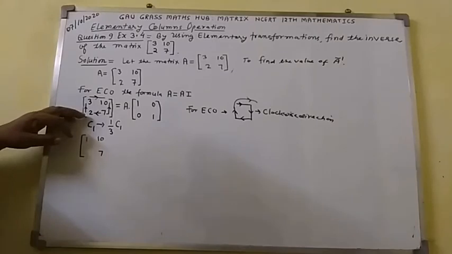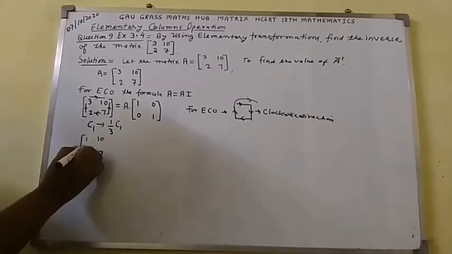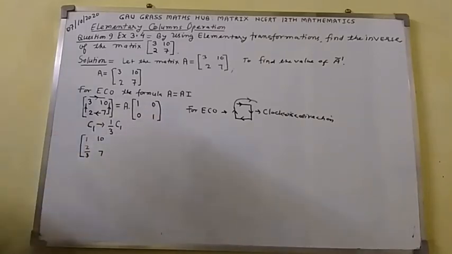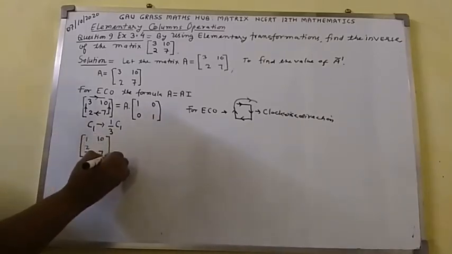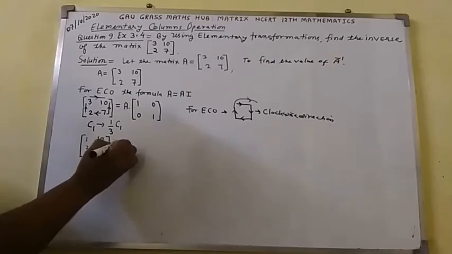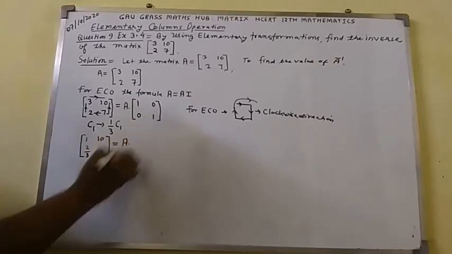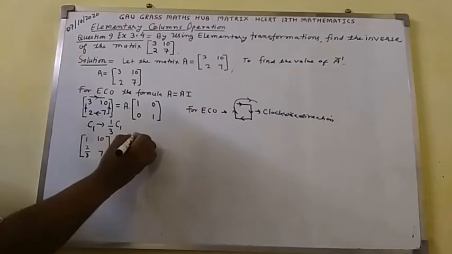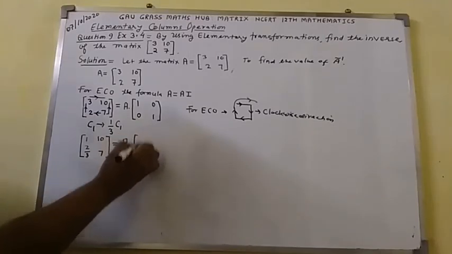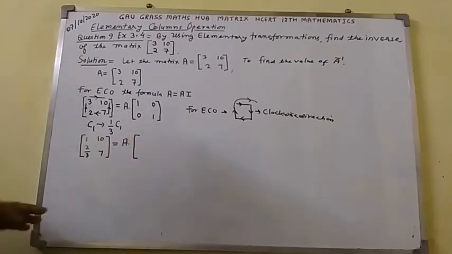Here the second element of column 1 will become 2 over 3 by applying this property. Here I shall write like this. Here capital A will be written. Here an opening square bracket will be there.